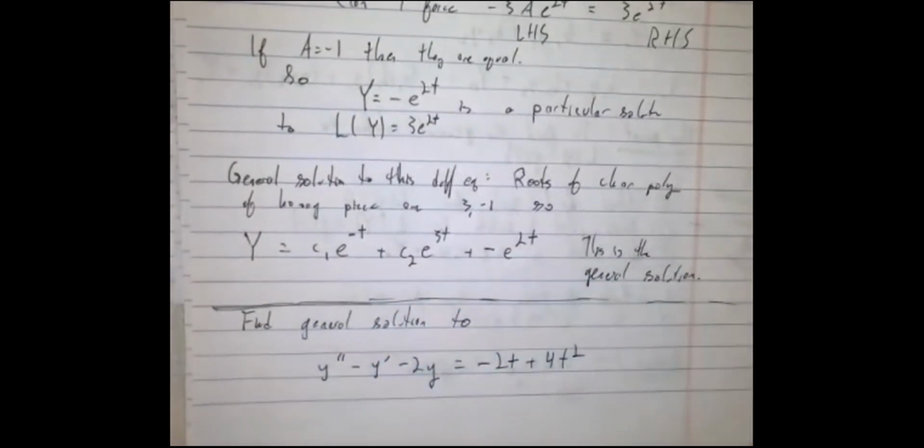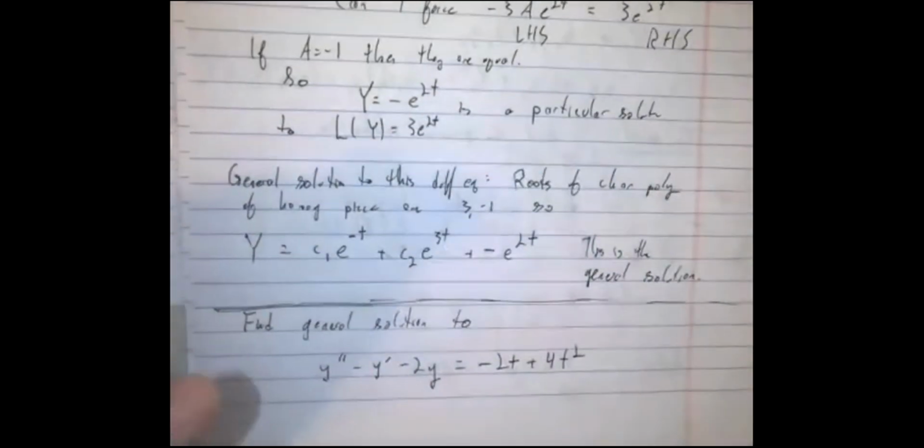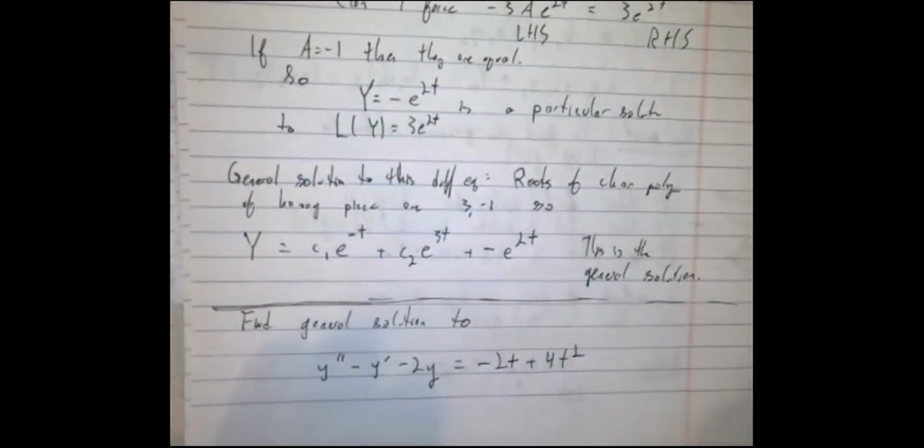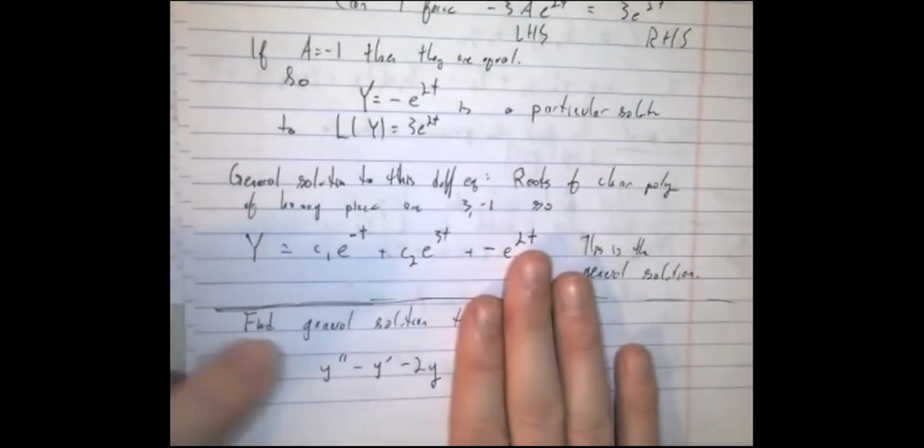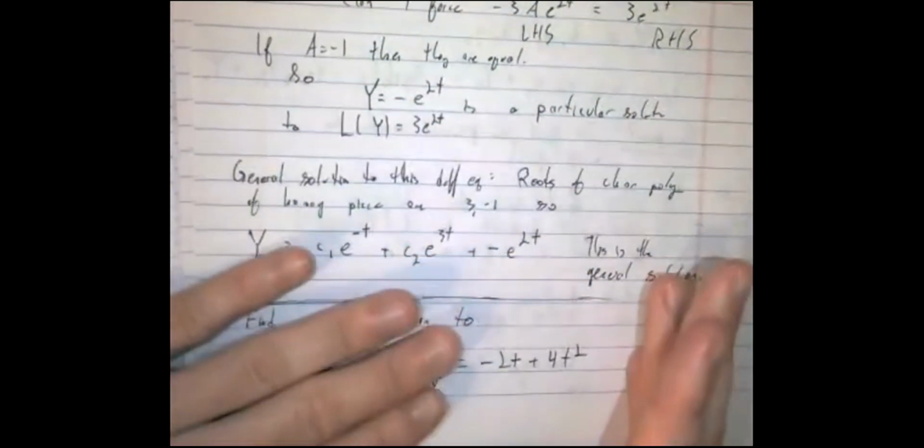There are 3 parts to this problem. The first part is to find the fundamental set of solutions to the homogeneous piece. I trust that you'll be able to do that. We're going to do the second part first.